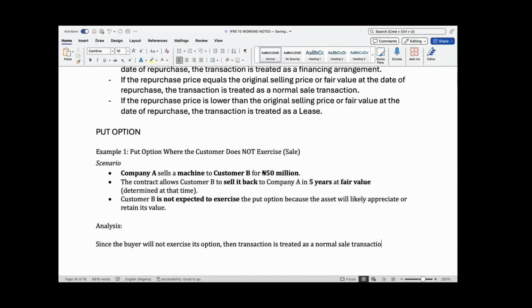Since it's not going to require the seller to repurchase it, it's a sale. That means we have sold. So the 50 million original selling price will be recognized as revenue in the books.